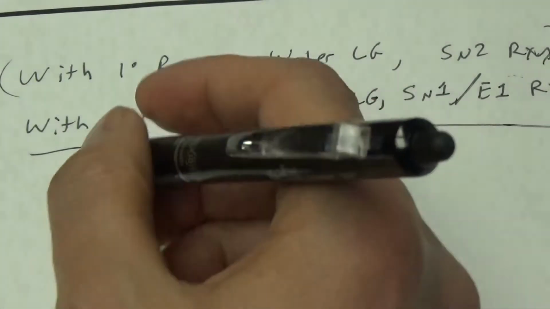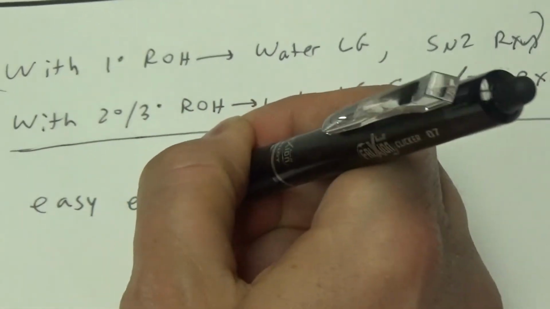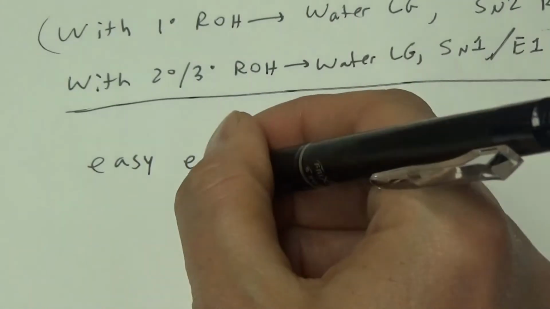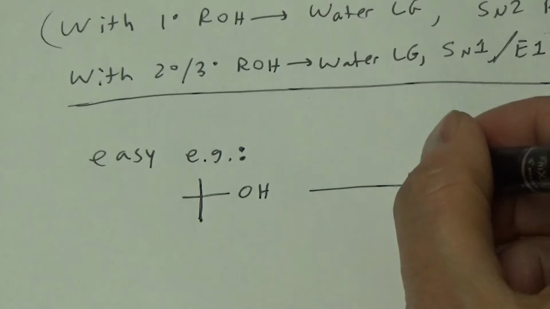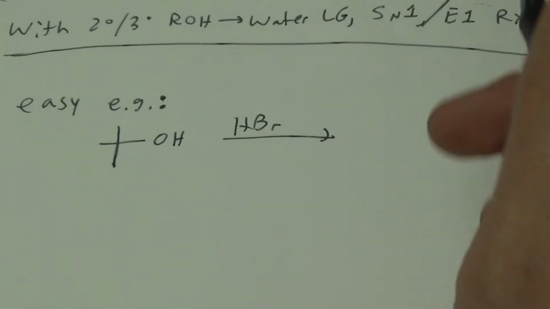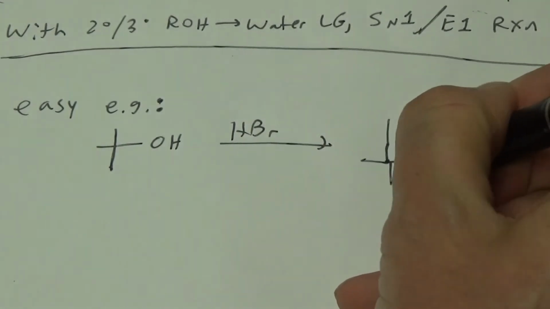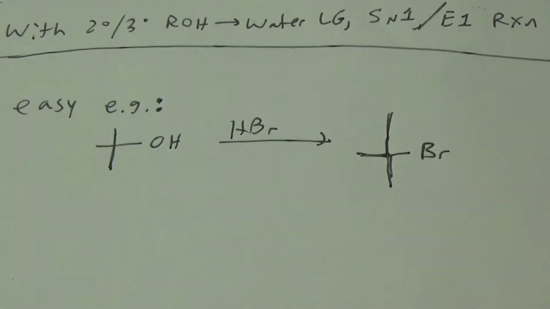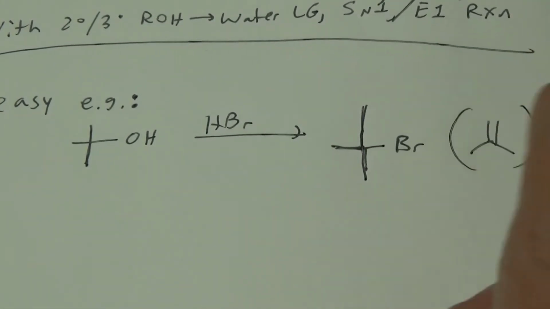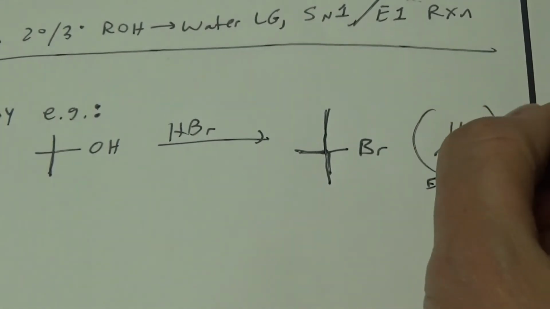So let's show an easy reaction first. Easy example. If I have a tertiary alcohol react with HBr, this actually makes the tertiary bromide and a little bit of the E1 minor byproduct.